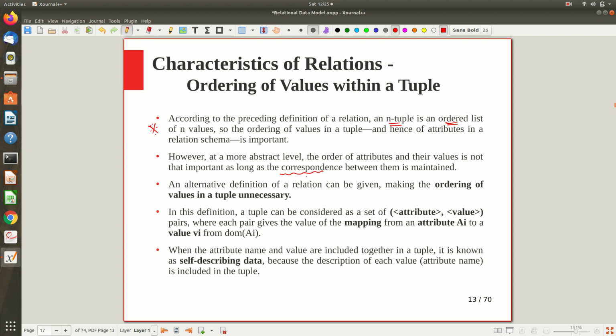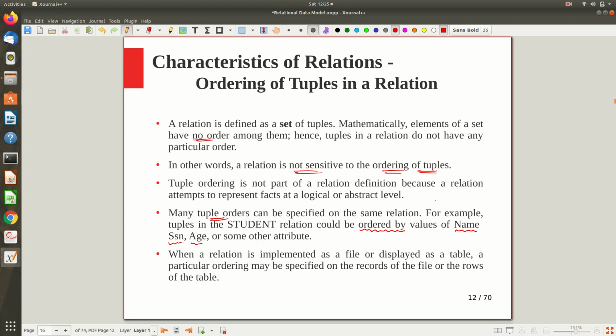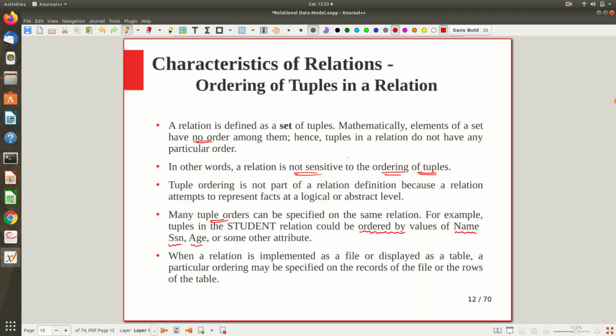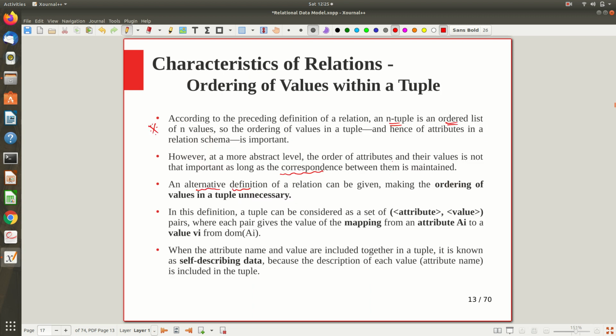An alternative definition of a relation can be given, making the ordering of values in a tuple unnecessary. In this definition, a tuple can be written as a set of pairs like attribute and value. So every time you have to mention the attribute as well as the value. If you are writing like that, you can skip the order because that correspondence is there. Every attribute you are trying to map with a value, and that description makes it something like self-describing data, right?